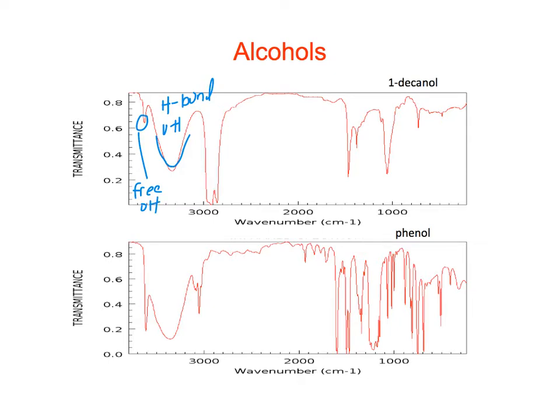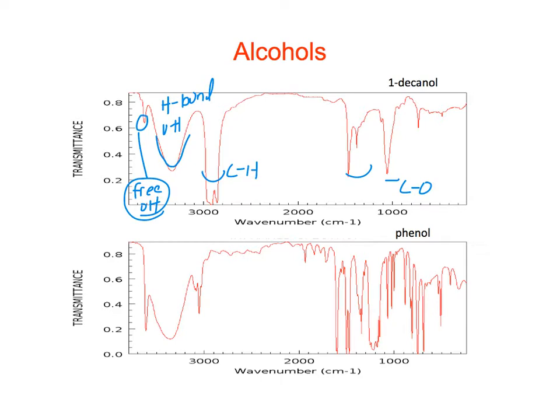And you can see this free OH usually if it has a very low concentration, or if you're in a nonpolar solvent. And so this down here would be the OH stretch if there is no hydrogen bonding. Okay? So then we see the CH bending. This is probably the carbon-oxygen stretch.